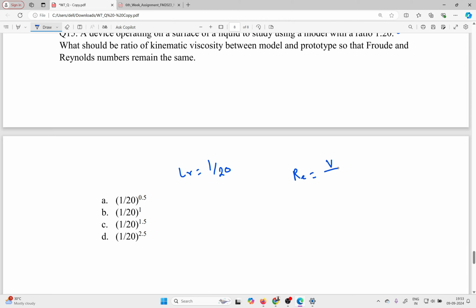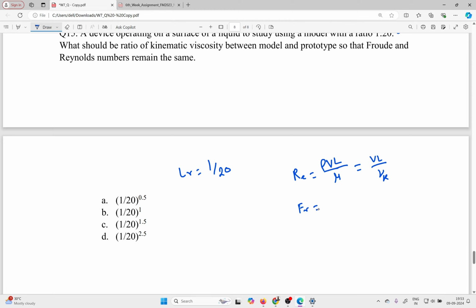Velocity, rho V L by mu, so I can write V L divided by kinematic viscosity. Let me write it as nu k.